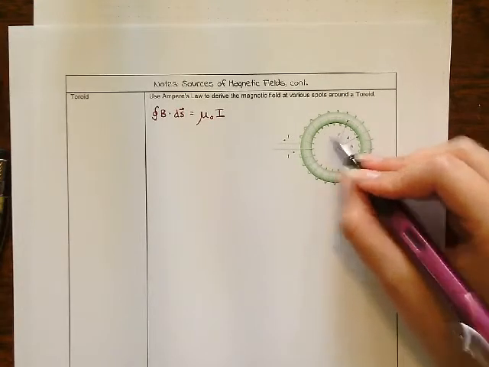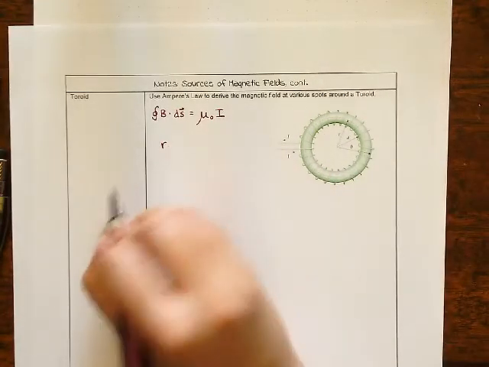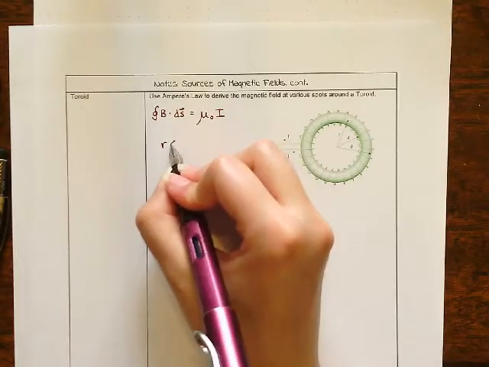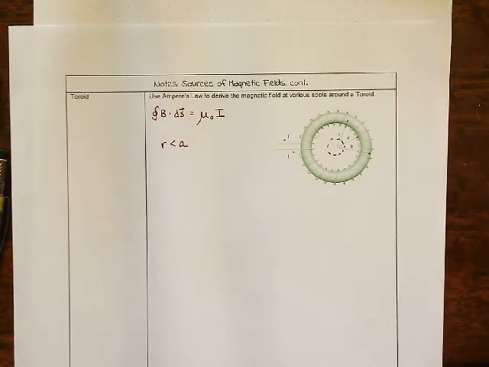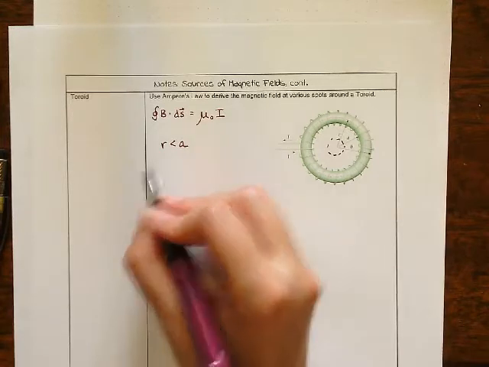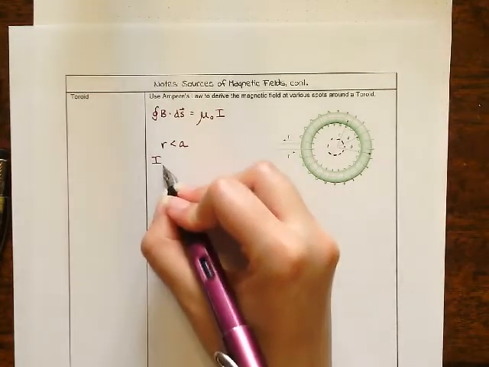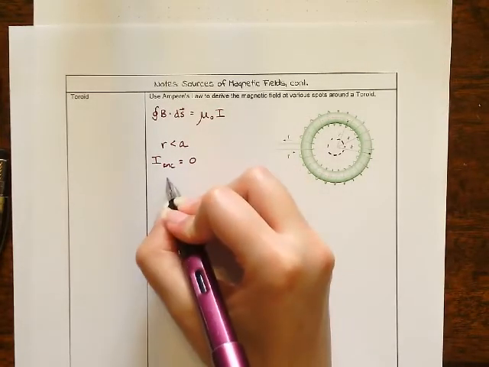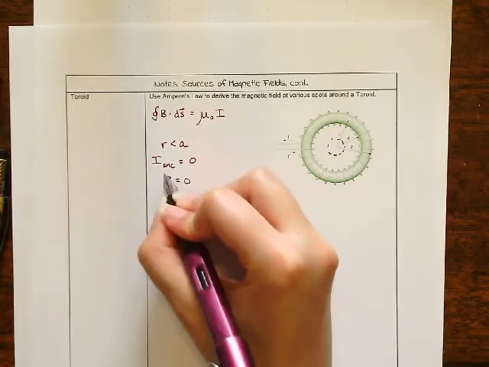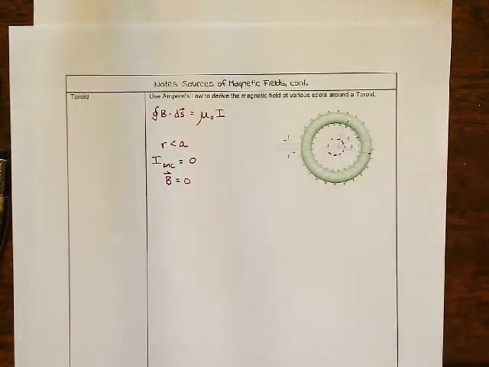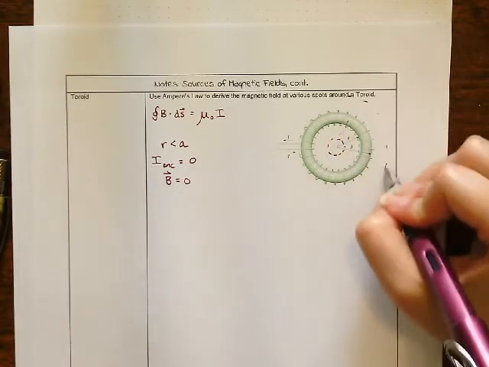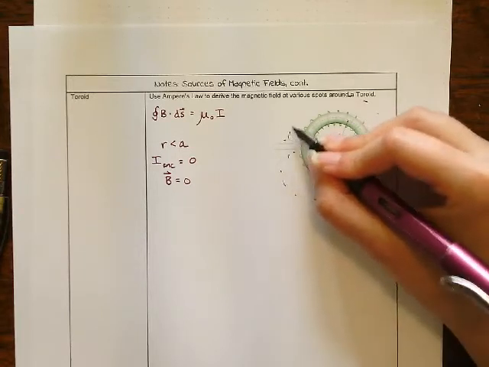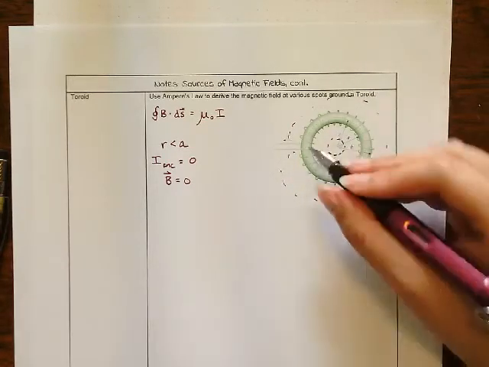If you make your Amperian loop small, so let's say that r is less than a, it would be in here. Do any of those wires pass through that? No. There is no current enclosed. So there is no magnetic field in the center of the donut. Almost the same thing if we make our Amperian loop really, really big.